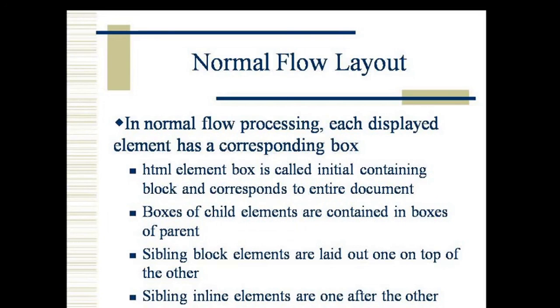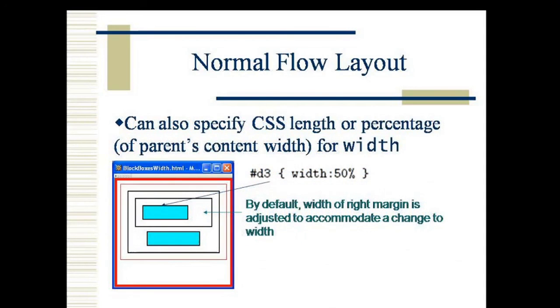So this block structure is known as the normal flow layout. What we have studied till now in the design is the normal flow layout. As you can see in this diagram, it is quite evident that this particular element is contained in this block, and this block is in turn contained in this block, and the same thing happens over here also. So this hierarchically formed block structure is known as the normal flow layout.